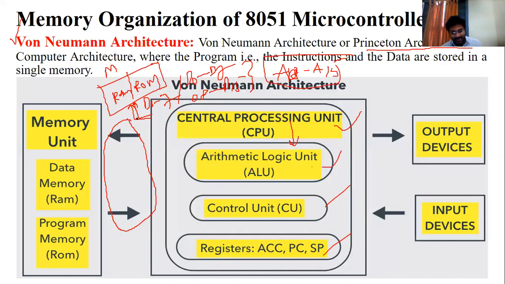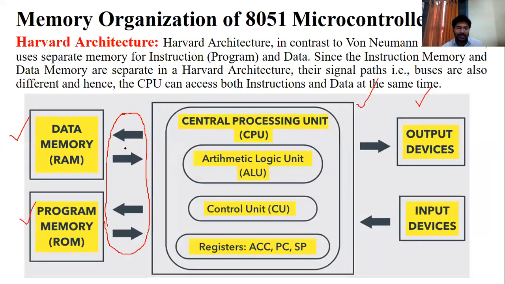If you are accessing instructions once, then after that the data, one by one, because we have only one address line and one data line, with no additional address and data lines. But in the Harvard architecture, we are using separate address and data lines for data memory, and at the same time separate address lines for program memory.